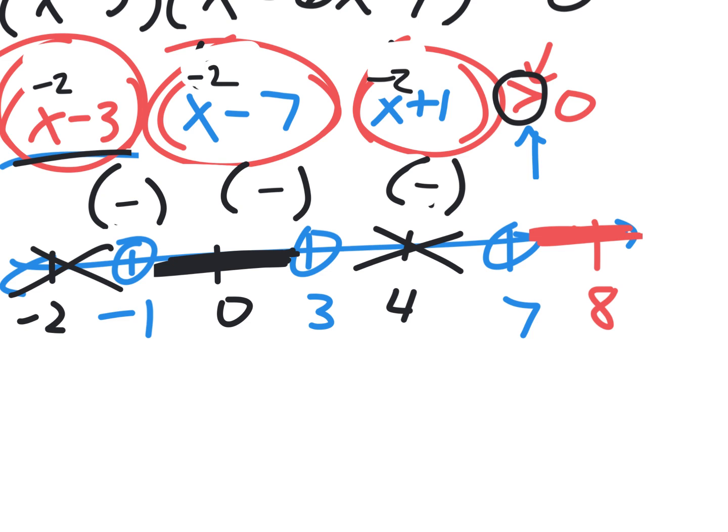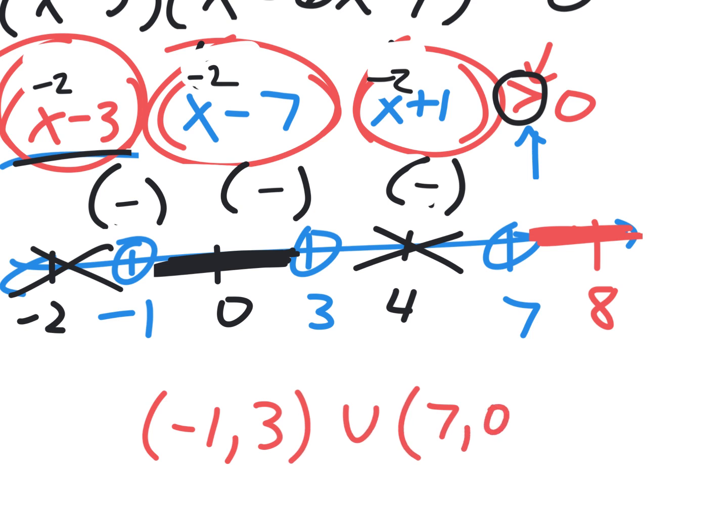I'll have you read it for me in just a second. Okay, fire. Parentheses -1, comma 3, and then parentheses, the union thing, parentheses 7, comma to infinity. Perfect. All right. So that was question number 2 of the 4 hard questions that I wanted to give you.